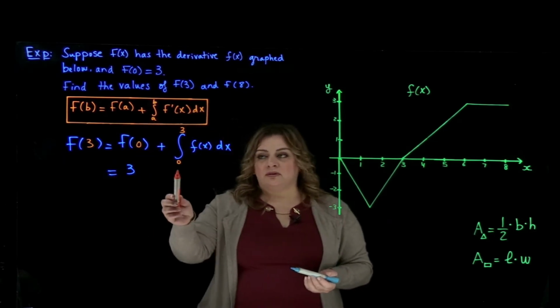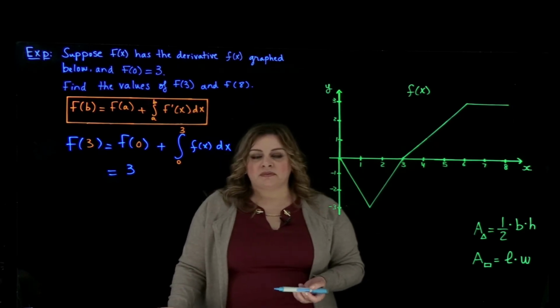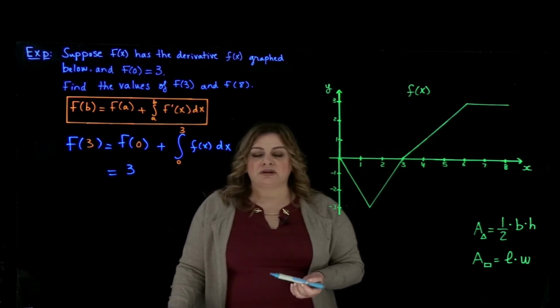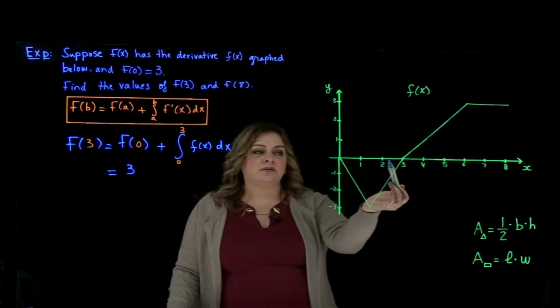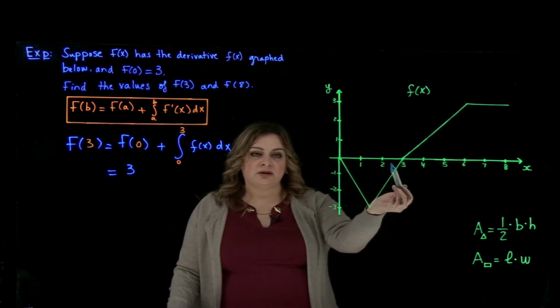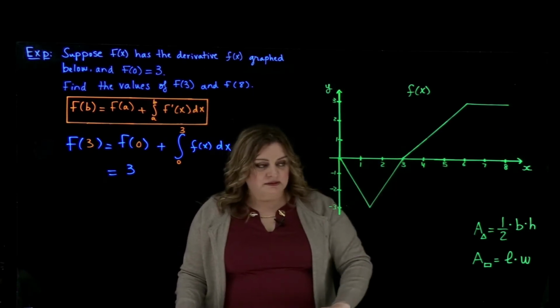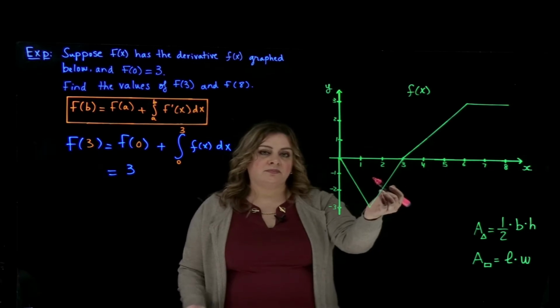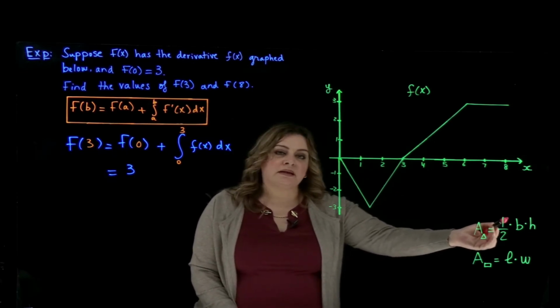Now the integral from 0 to 3 of little f of x dx is the area between the function and the x-axis on our graph from x equals 0 to x equals 3, which is this triangle. We want to find the area of this triangle, that is 1/2 times the base times the height.